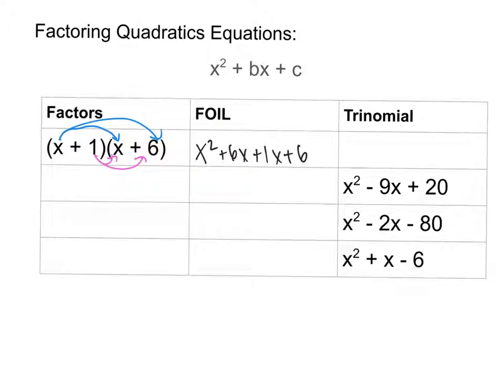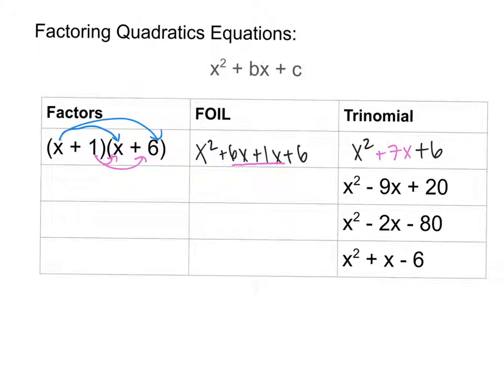And so if I combine like terms, which is just the middle part here, that's going to give me x squared plus 7x plus 6. All right, so let me just say something here. This last term that we made, the constant, well, turns out to get that number, we had to do 1 times 6.